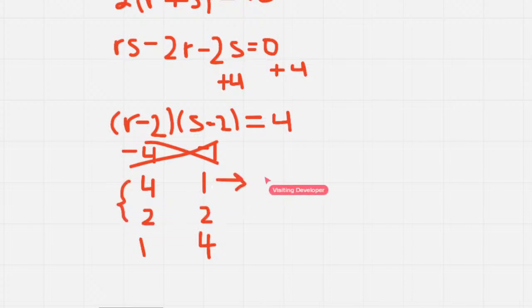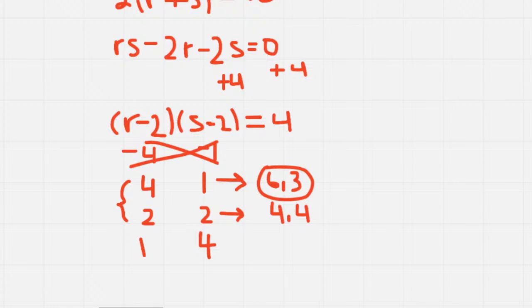So the first case gives us that r and s, or the roots, are 6 and 3, and clearly these satisfy all the criteria. And the second case gives us that r and s are 4 and 4, which are not distinct. So this is an extraneous case. And so this basically gives us that our two roots are 6 and 3.